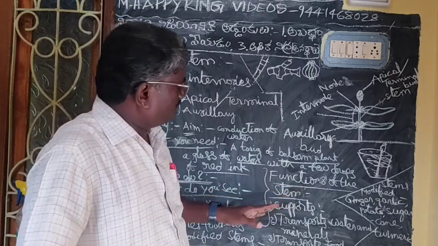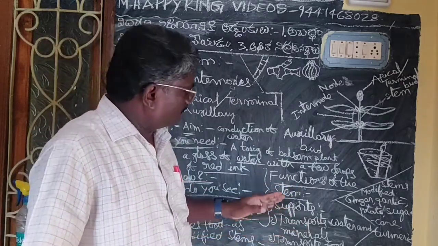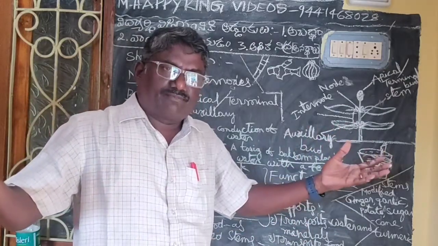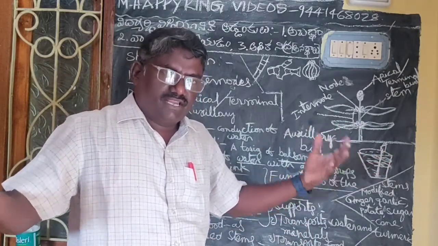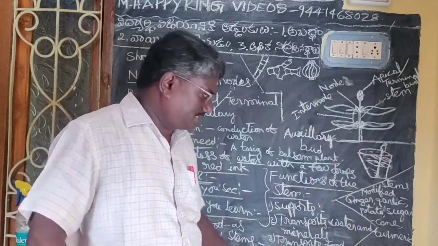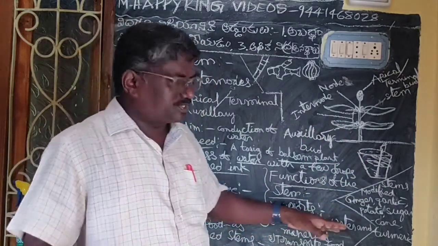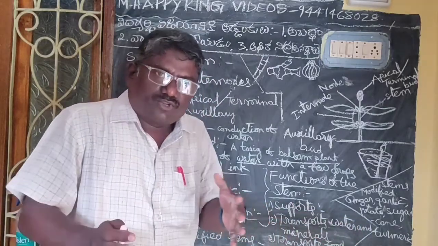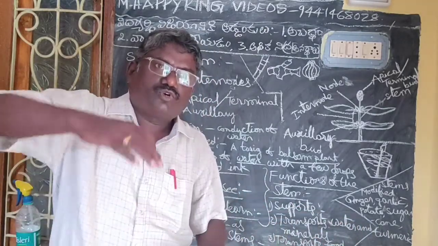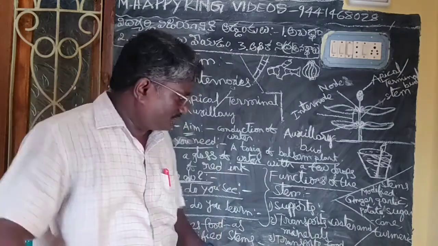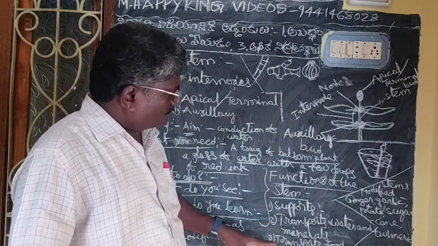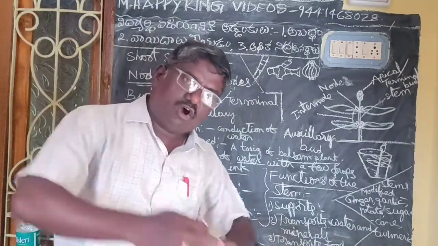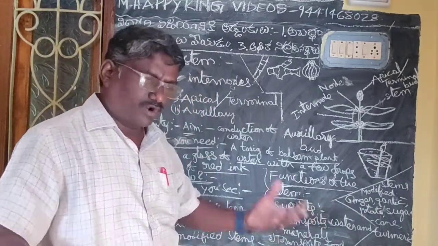The main functions of the stem. The first one: supports all the aerial parts of the plant body, that means leaves, branches, fruits, flowers, etc. The second one: transports water and minerals from the root system to upward parts. Another one: transports food from the leaves to all parts of the plant body.